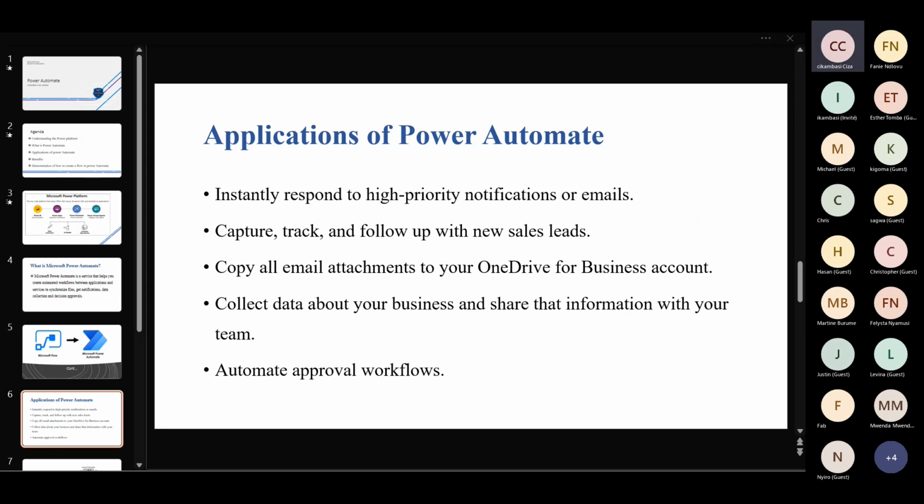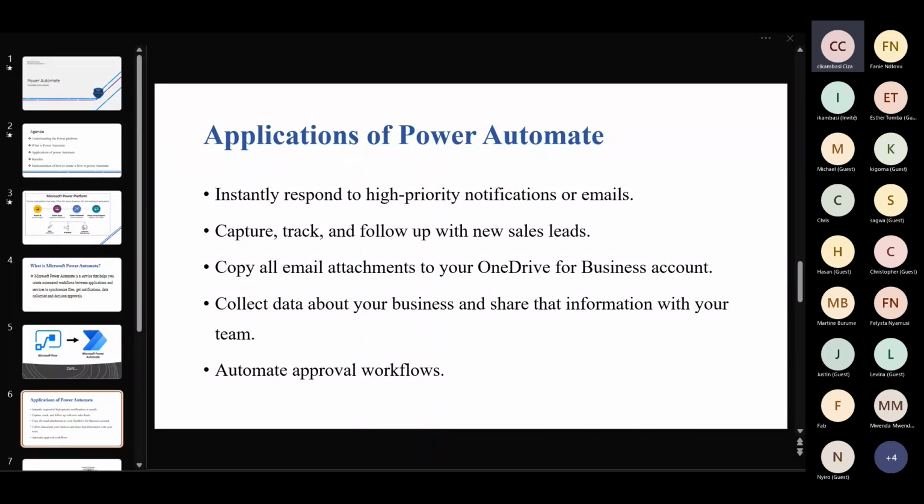You can use Power Automate to instantly respond to high priority notifications or emails. You can use Power Automate to capture, track and follow up with new sales leads. Also, you can use Power Automate to copy files.